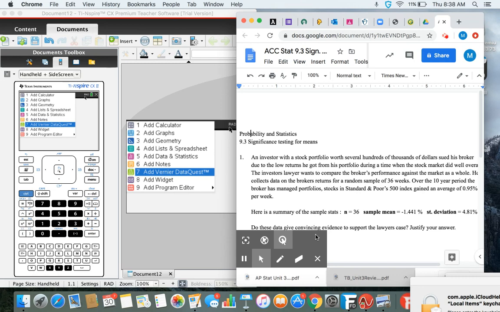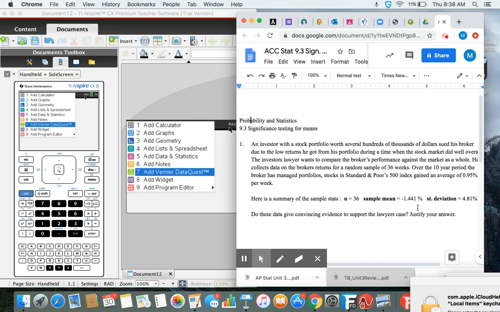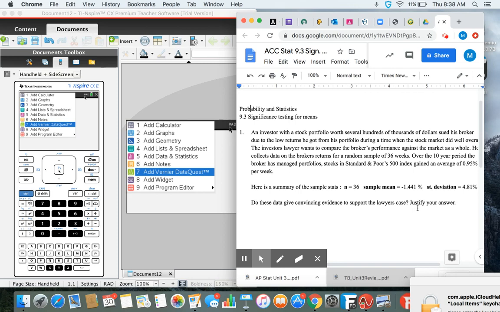Okay, so this will be our last worksheet before we do a review worksheet, prepping for a quiz that we'll take next week. So here we have questions that are still significance testing for means, but you're not going to have data, which means it's less work. Very similar to what I've asked you to do the past few days, but less work.